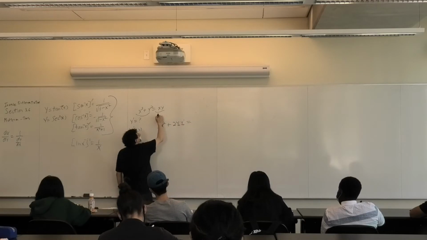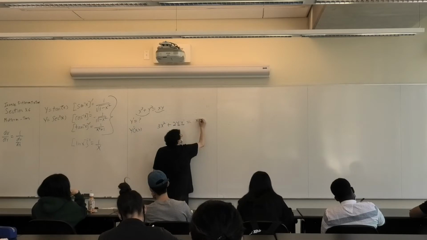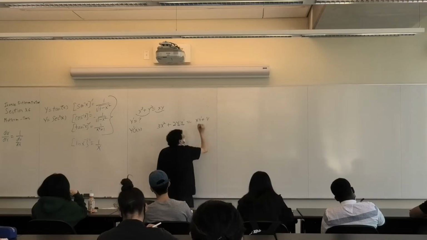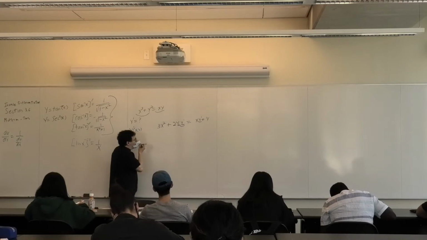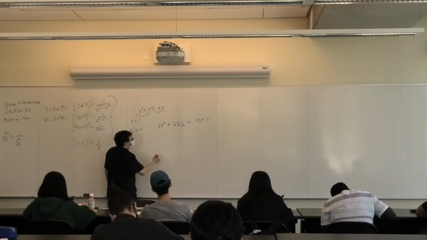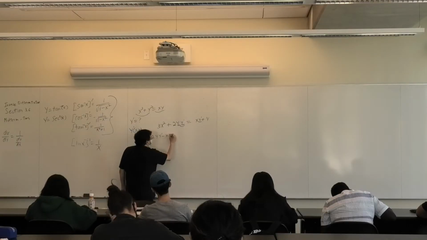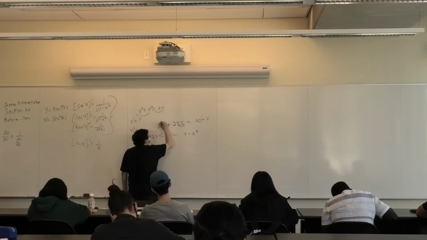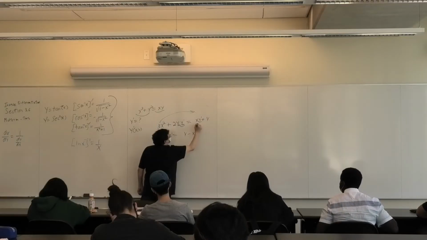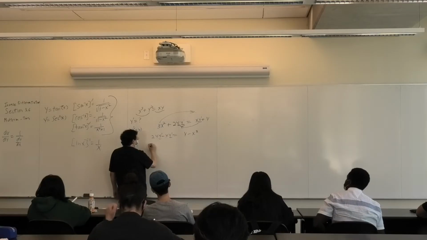This side I have the product, so I use the product rule. x times the derivative of y, plus y times the derivative of x, that's y. So now, this y prime is what I want, so I'm going to solve for it. So I'll 2y, y prime minus y prime equals y minus x cubed. I move this over there, move this over here. I factor out my y prime.